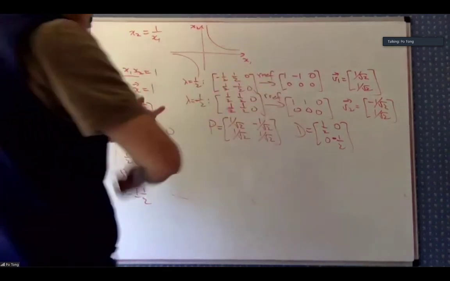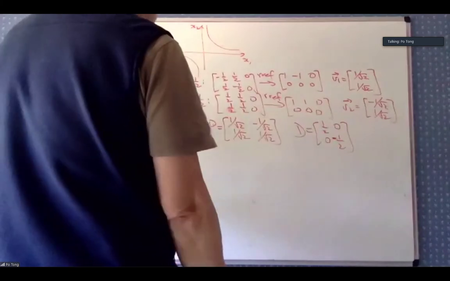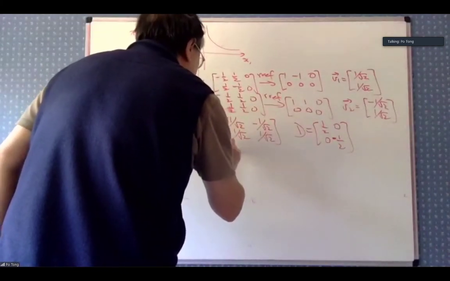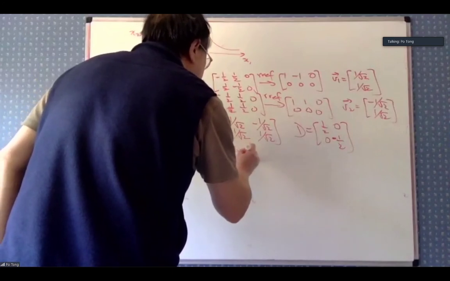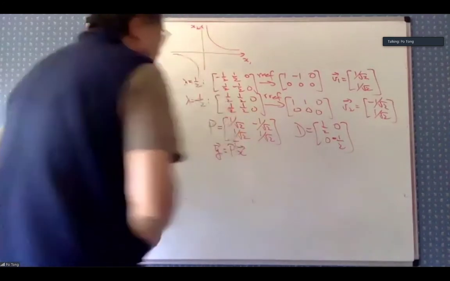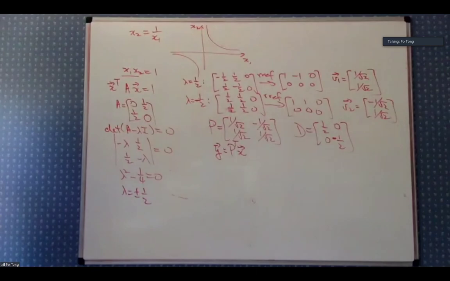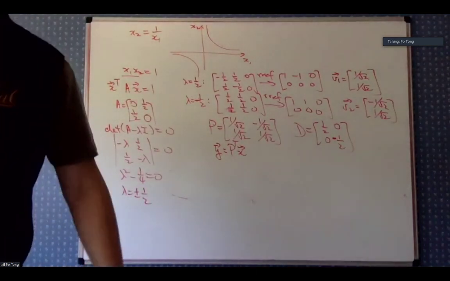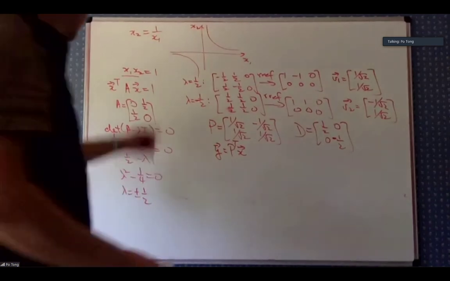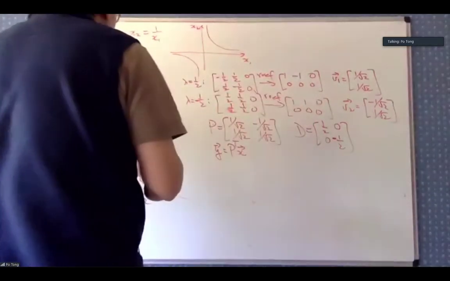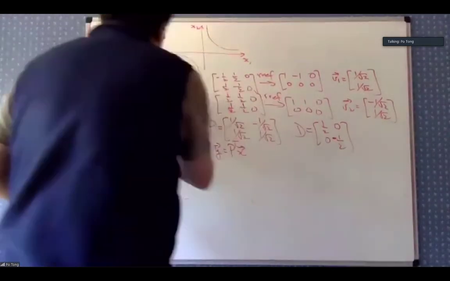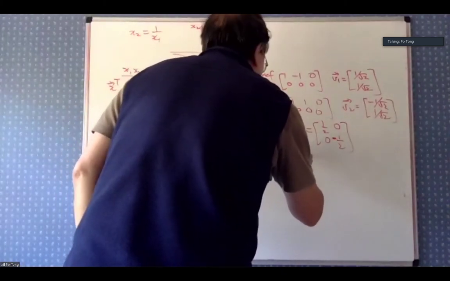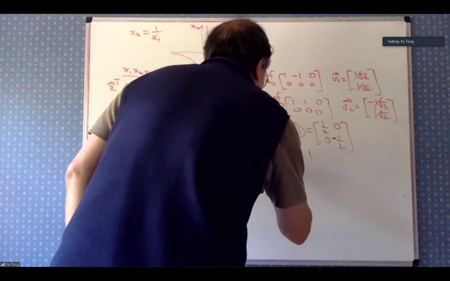Now I'm going to do this y equal to p transpose x. Once I do y equal to p transpose x, because of this, x transpose Ax is equal to 1.